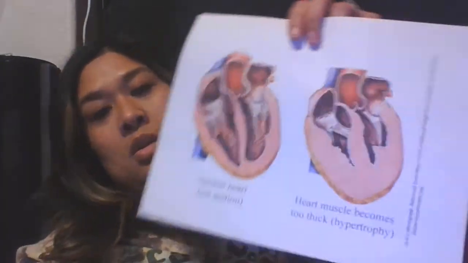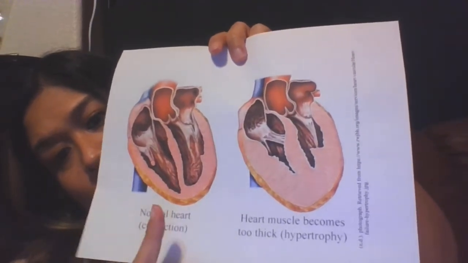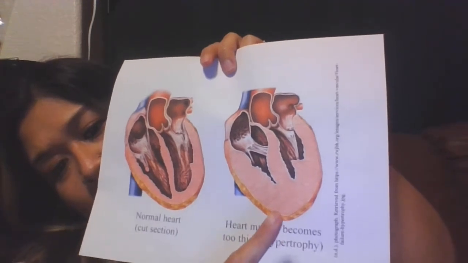I have another diagram here I'd like to share. This shows a normal heart and a heart with heart failure. Here's the normal one. Here's the one with heart failure.